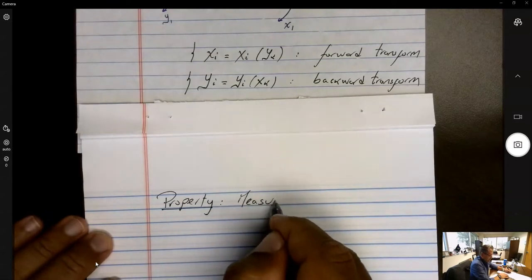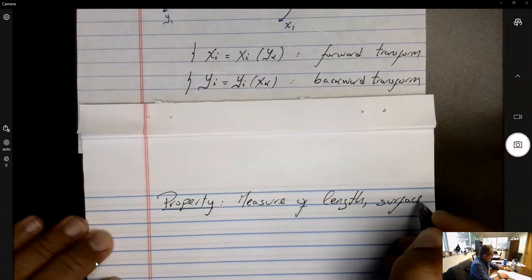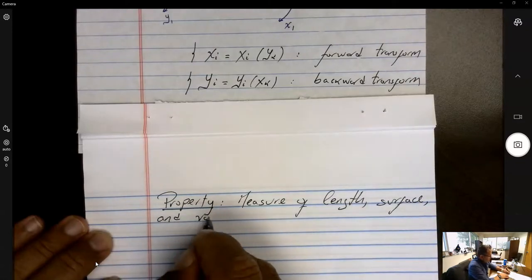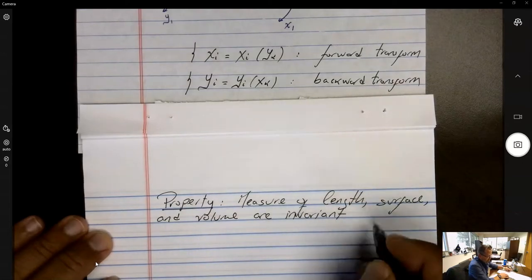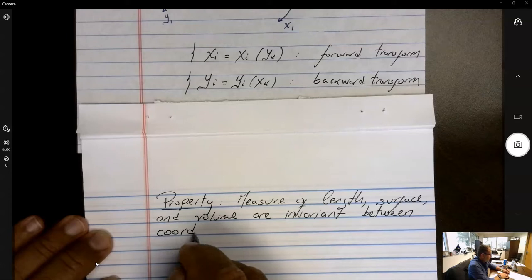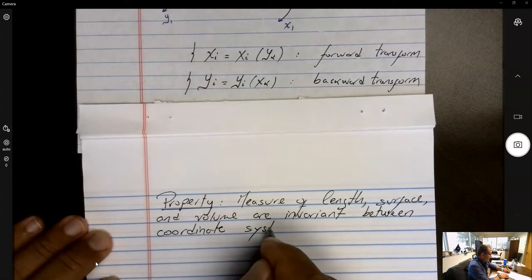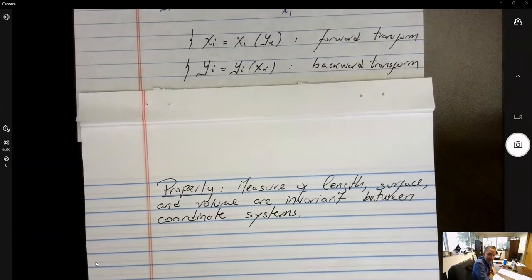The measure of length, surface, and volume are invariant between coordinate systems. Which means that, well, if you have a chord that measures 10 centimeters, that chord will measure 10 centimeters whether you express the function that describes that chord in the x, y, z, or y1, y2, y3 Cartesian coordinate system, or whether you express it in whatever curvilinear frame of reference.